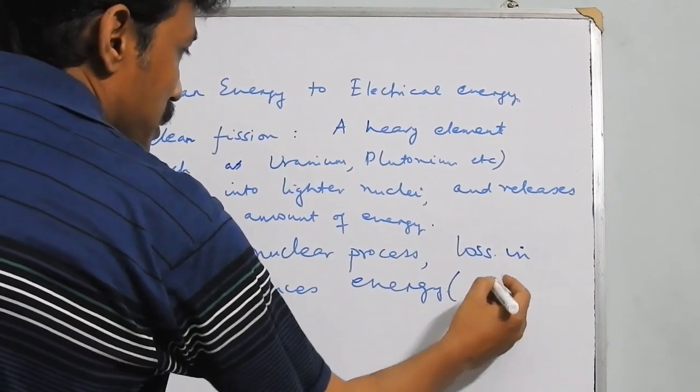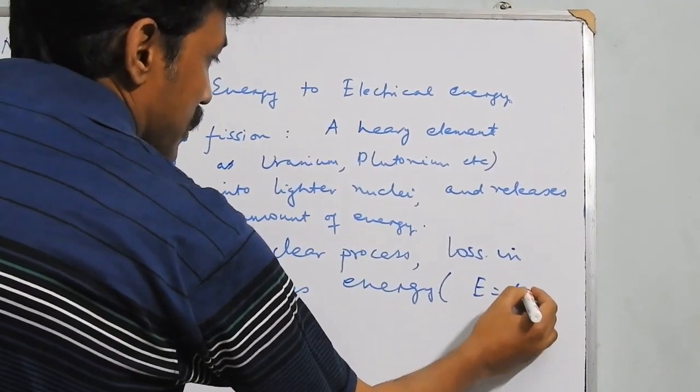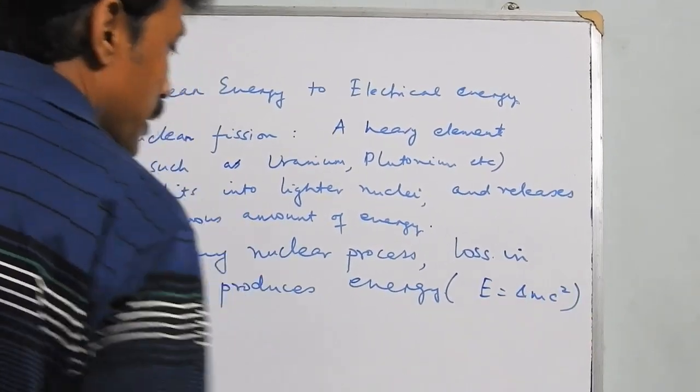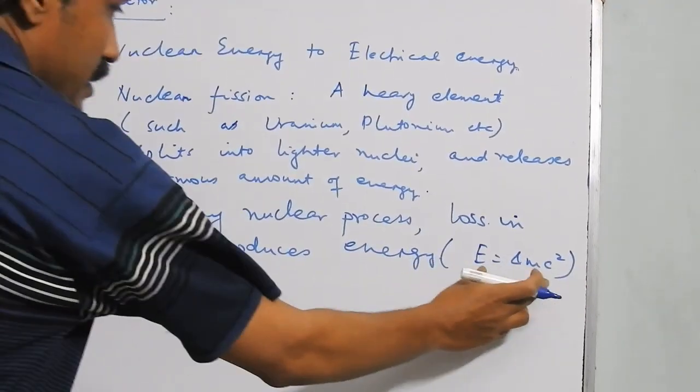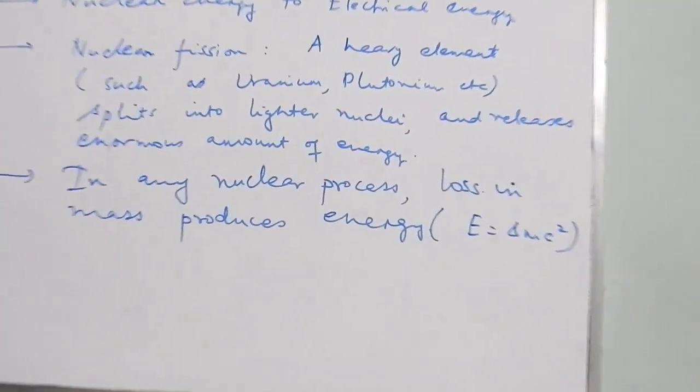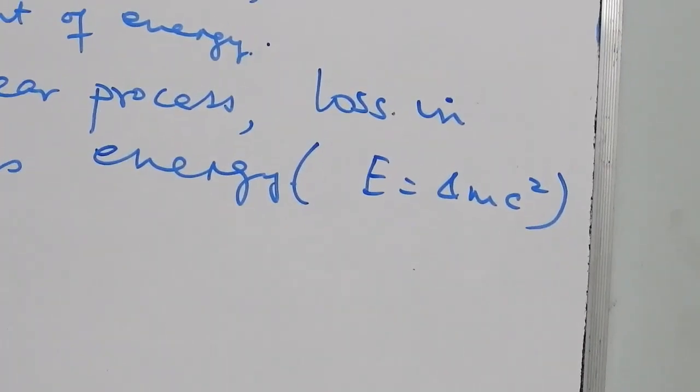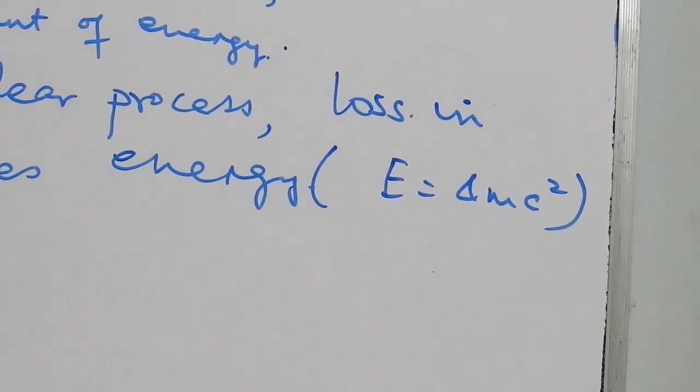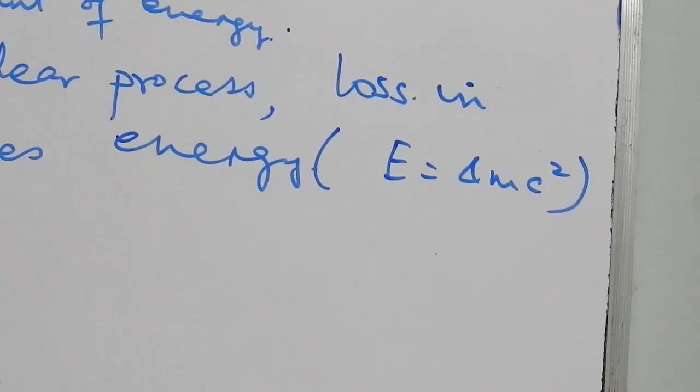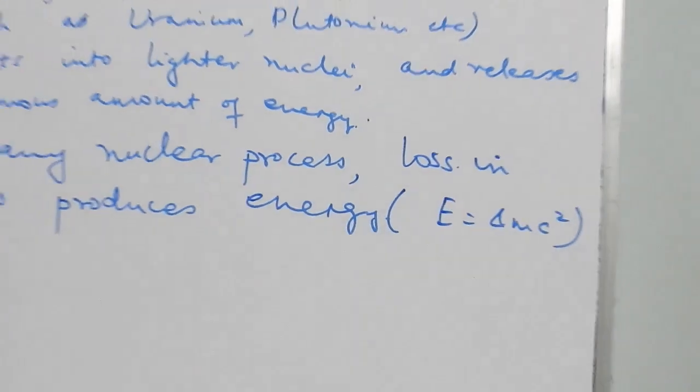And the famous equation is E equal to delta M into C square. This is Einstein's mass energy equivalence relationship, and this is utilized whenever we try to realize the loss in mass that produces energy.